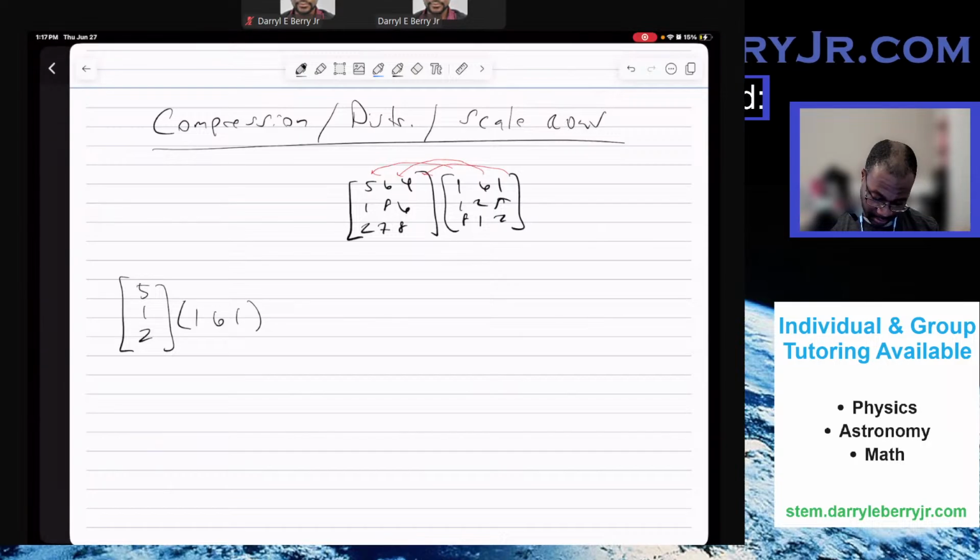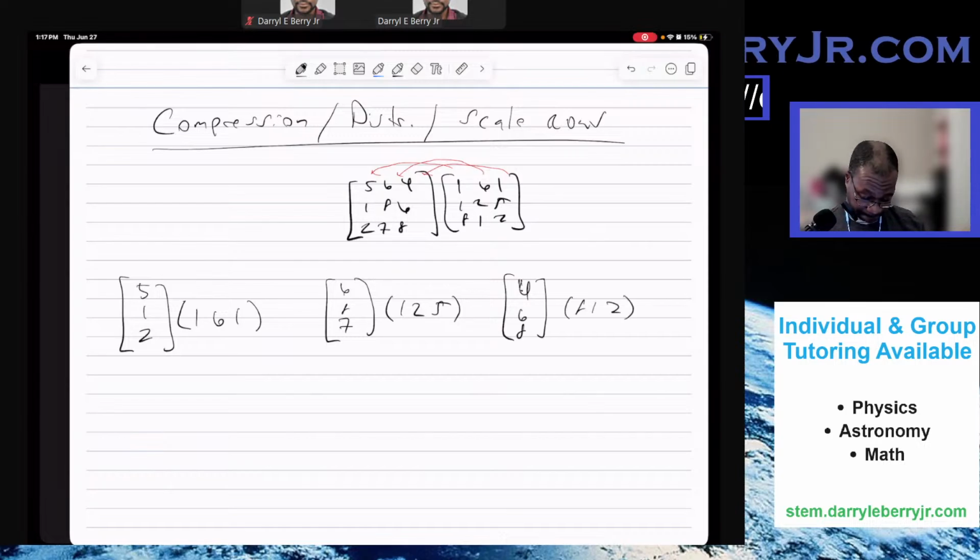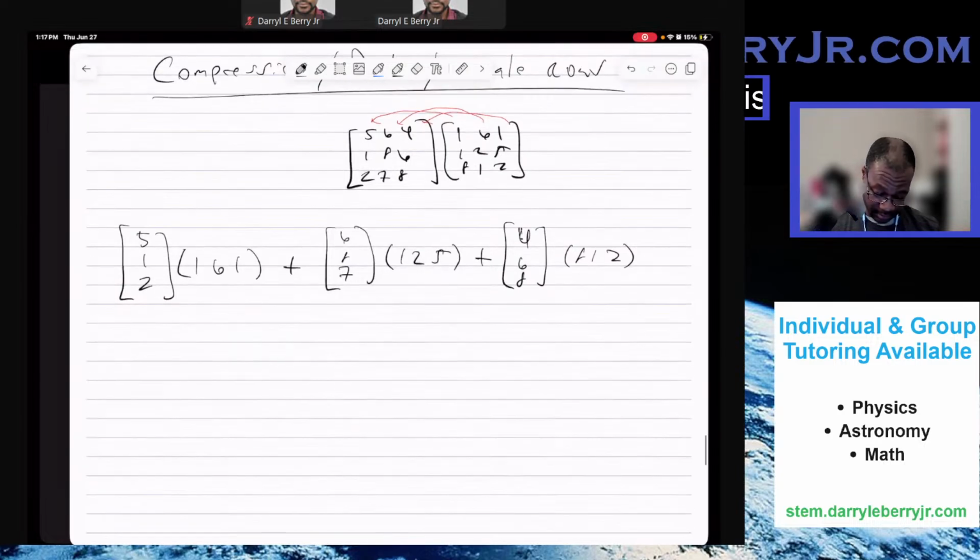And I'm going to take this column, I'm going to scale it with this one. And I'm going to take this column and scale it with this row. I'm going to add these all together.